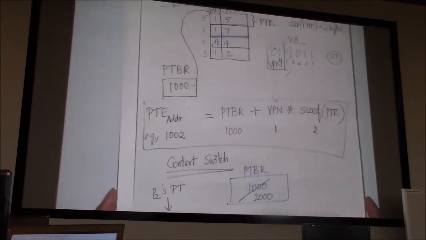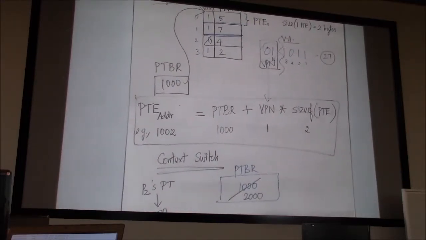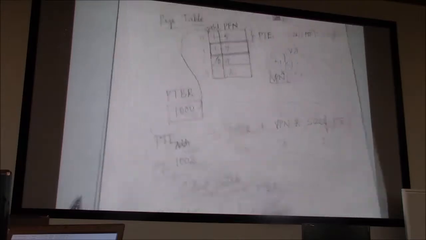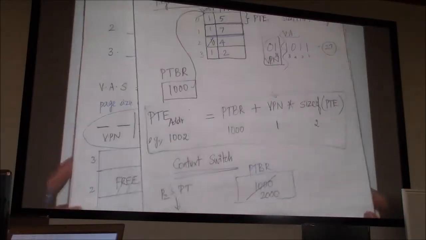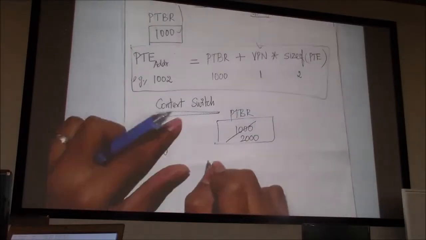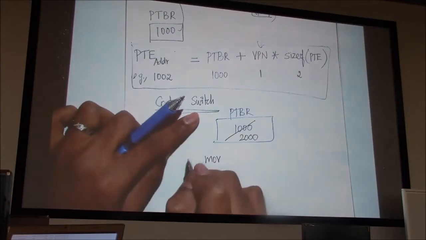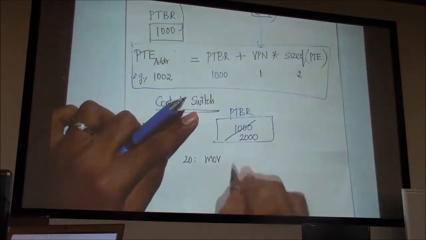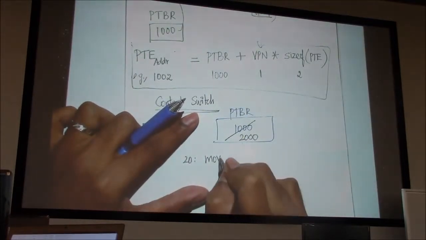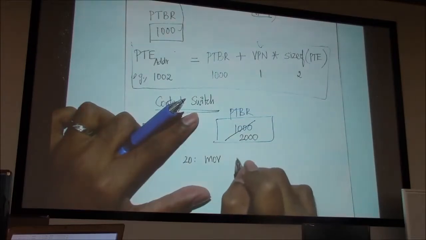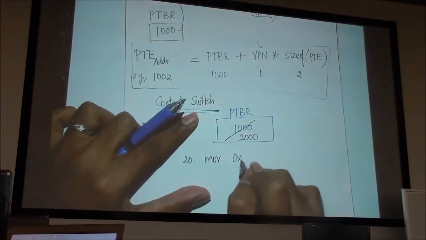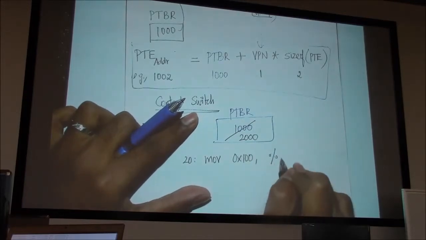So this is what is happening here. Now one concern that we have here is, let's just think about a simple instruction like move. A move instruction which is at address, let's say 20, and it says move something from address 100 to EAX.